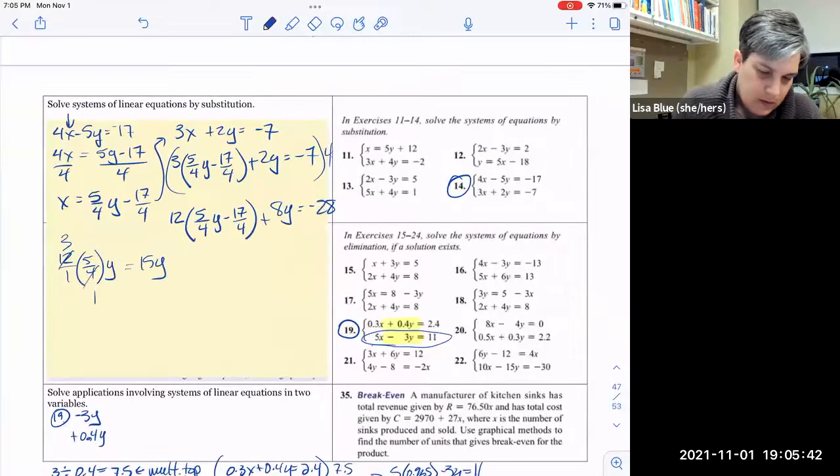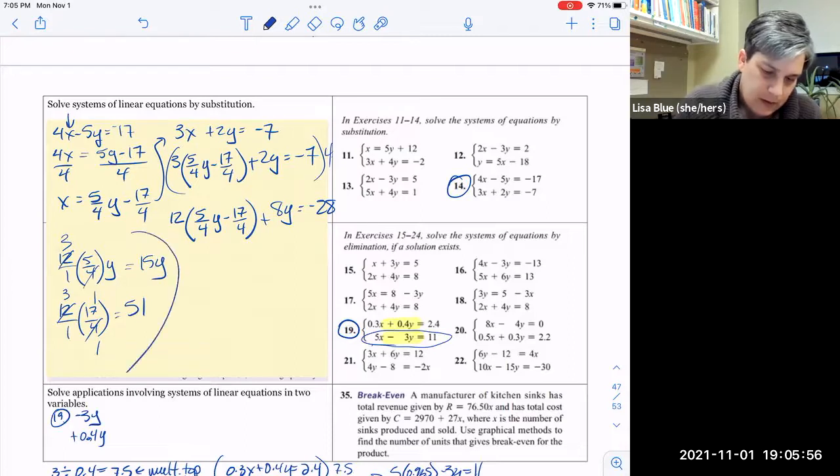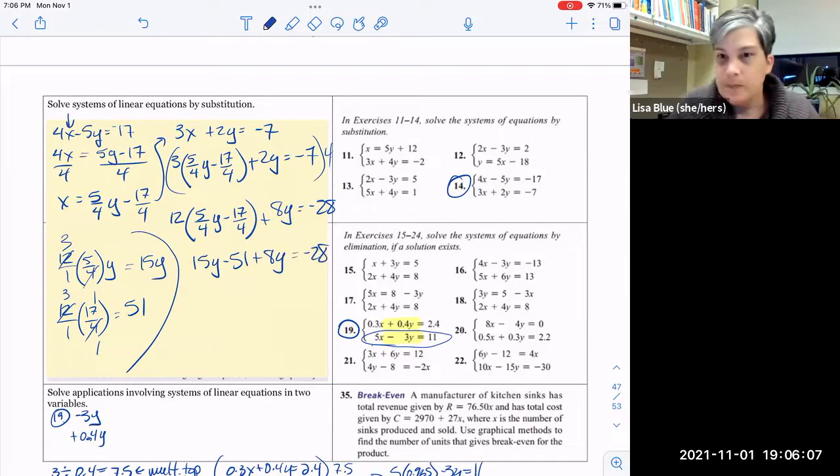And then 12 over 1 times 17 fourths is going to give us 51. Okay, so this is our little side note. And so this becomes 15y minus 51 plus 8y equals negative 28.